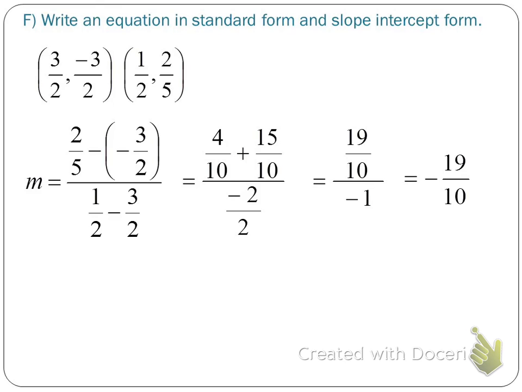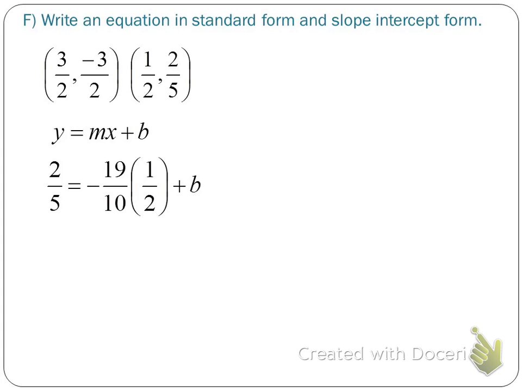All right, so now I have my M. Are we good? Whoa. So, I am just going to plug everything in. It doesn't matter which ordered pair you pick. Again, if I can avoid negatives, I'm going to.